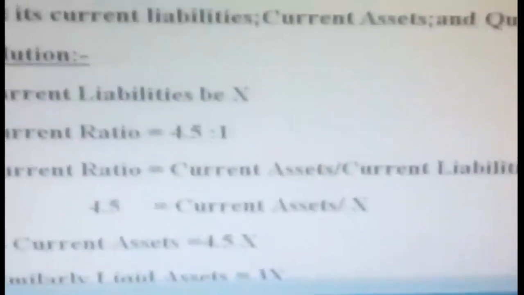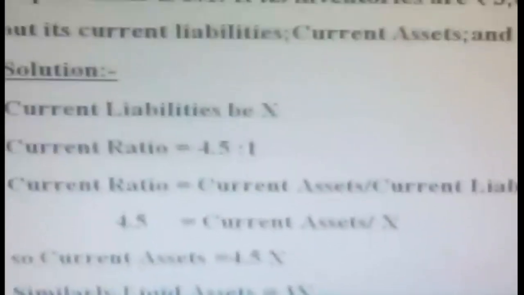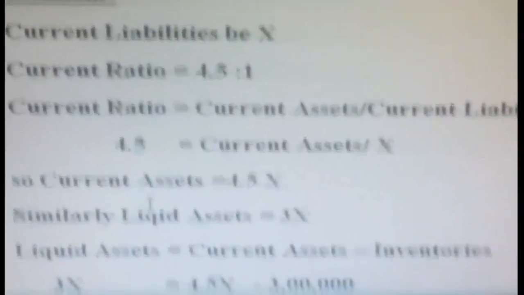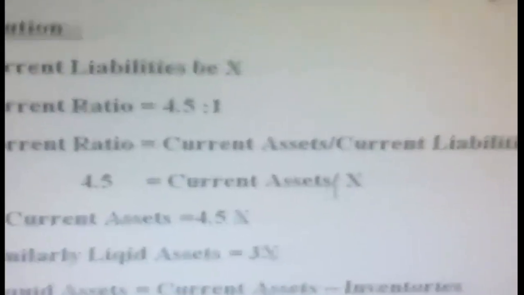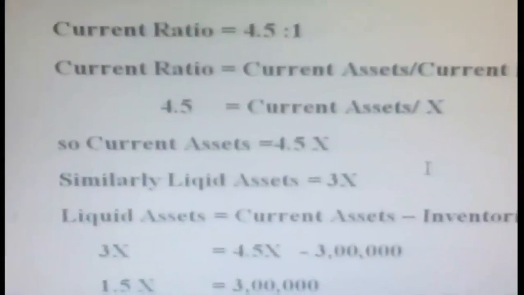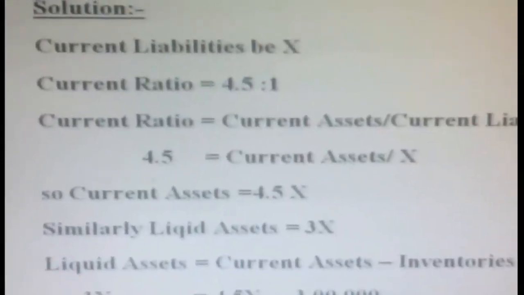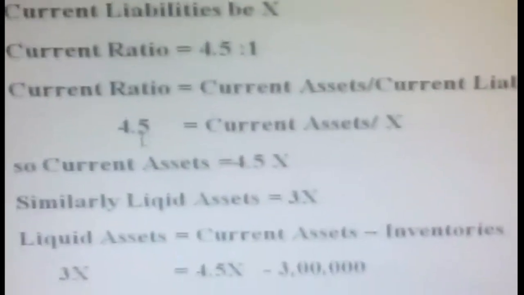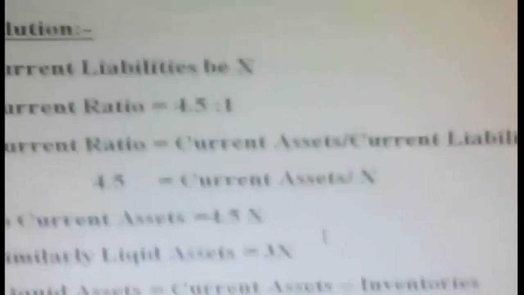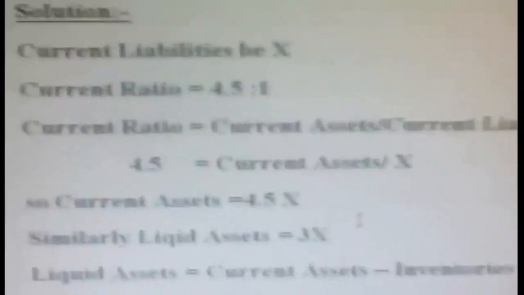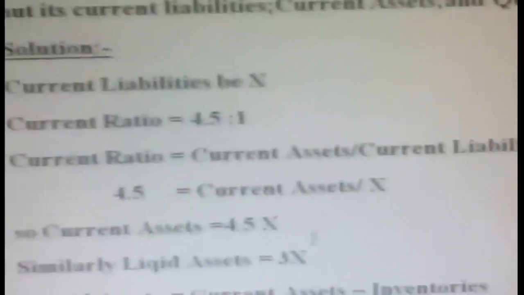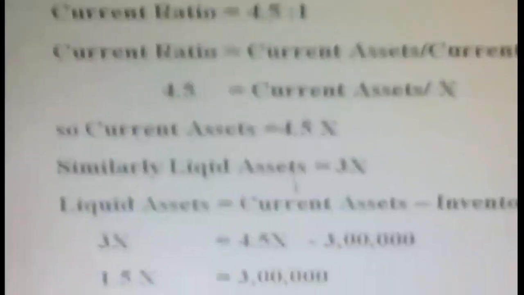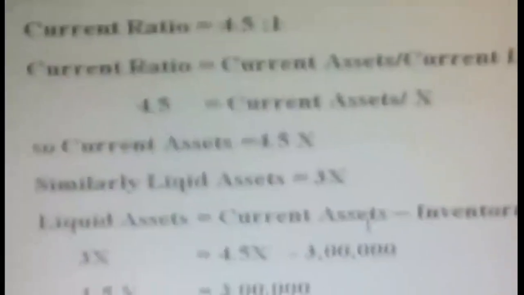Once you substitute, 4.5 is equal to current assets divided by current liabilities, which we don't know, so we consider that X. Once you get the equation, cross multiplication: current assets is equal to 4.5 into X, that is, 4.5 into current liabilities, considered X. Similarly, liquid assets, in the same manner, we consider 3X.